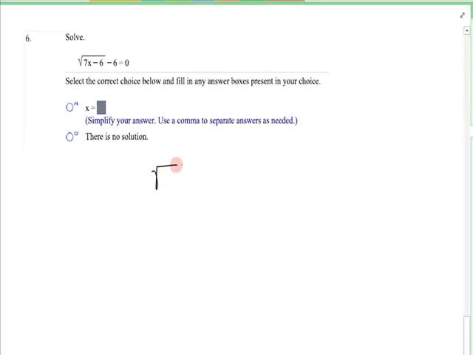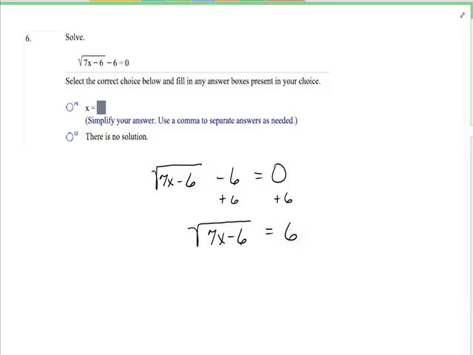I have the square root of 7x minus 6, minus 6, is equal to 0. All right, the radical is not isolated yet, so I will add 6 to both sides, and I have the square root of 7x minus 6 is equal to 6. Now it's isolated. I will square that side, and I will square that side.